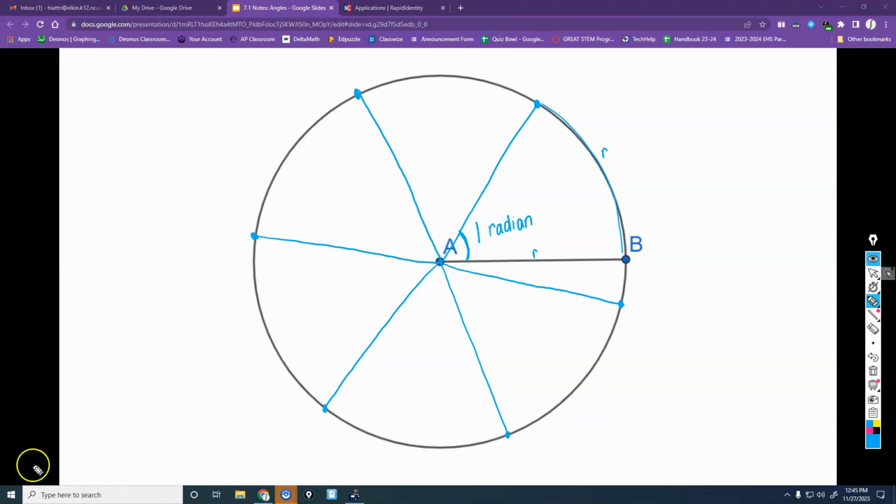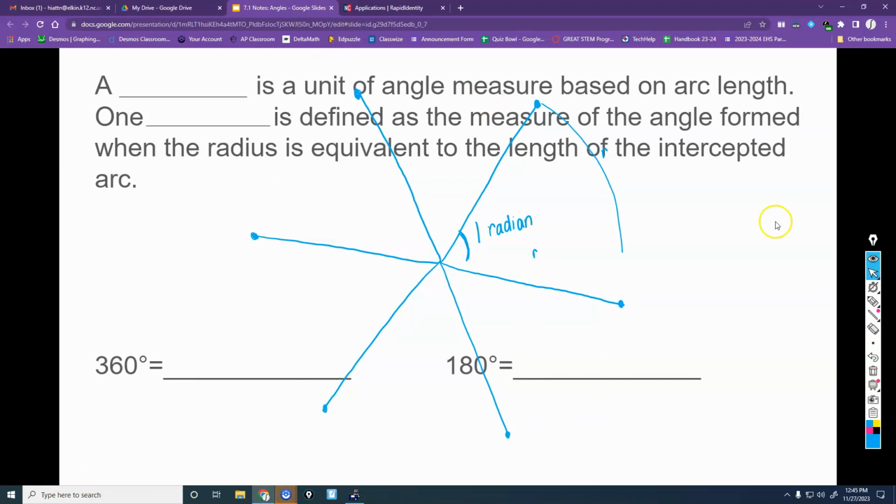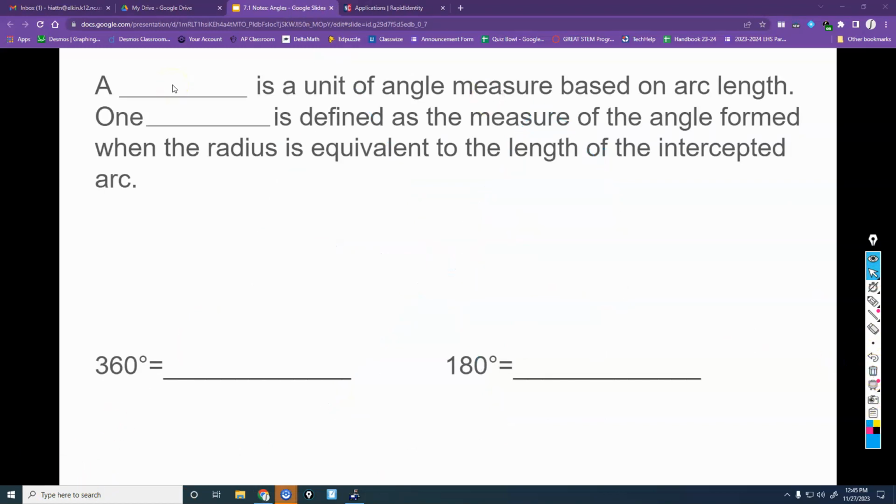So let's talk about radians and how we can convert here. A radian is a unit of angle measure based on an arc length. 1 radian is defined as the measure of the angle formed when the radius is equivalent to the length of the intercepted arc.